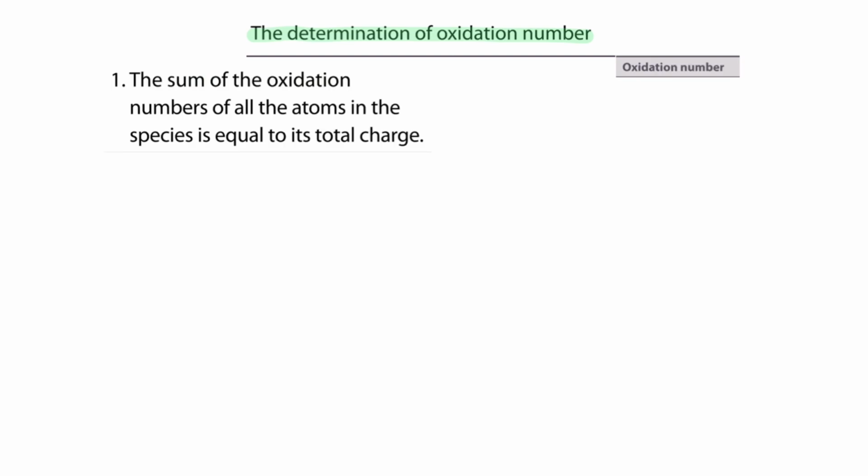The first rule is the sum of the oxidation numbers of all the atoms in the species is equal to its total charge. For example, H2SO4. The total charge of H2SO4 is equal to 0.